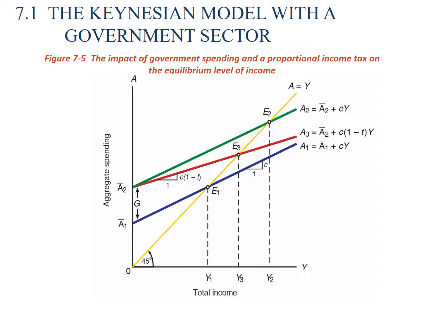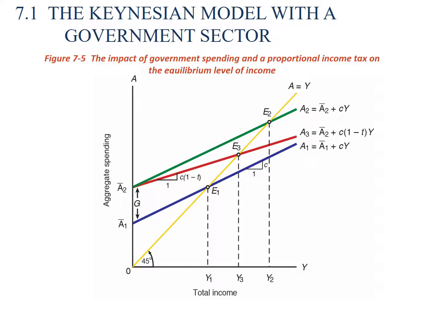So after we have introduced government spending to our model, we have a new equilibrium level of income which is higher than what we had before, indicated by Y2 in figure 7.5.